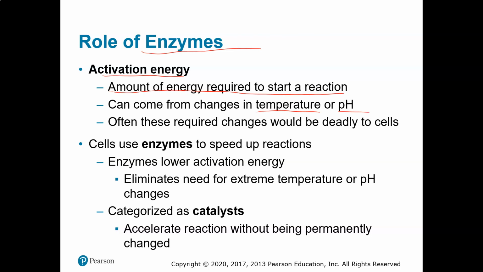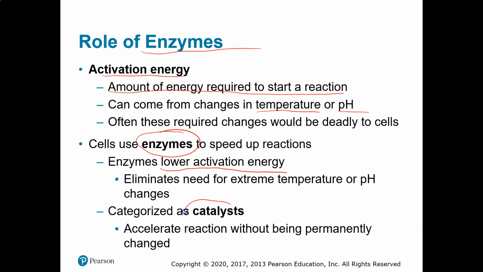So instead of temperature or pH or anything that could be deadly, cells use enzymes as catalysts to speed up chemical reactions. Enzymes lower the activation energy that is required for that chemical reaction to occur, and it eliminates the need for extreme temperature or pH changes.